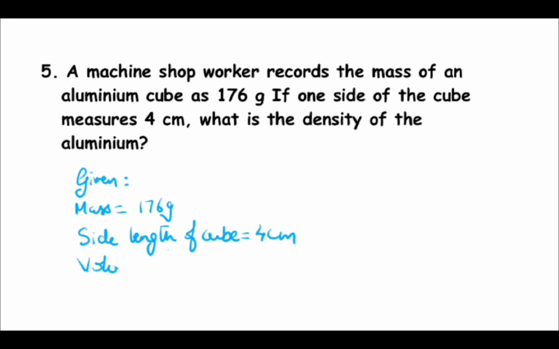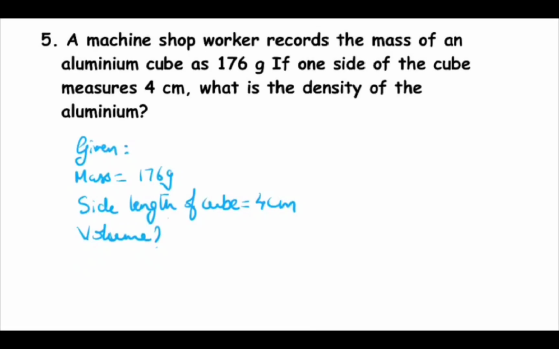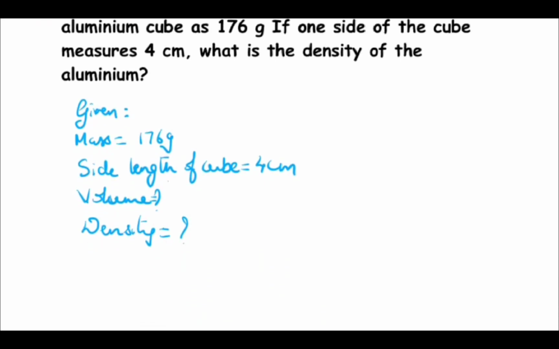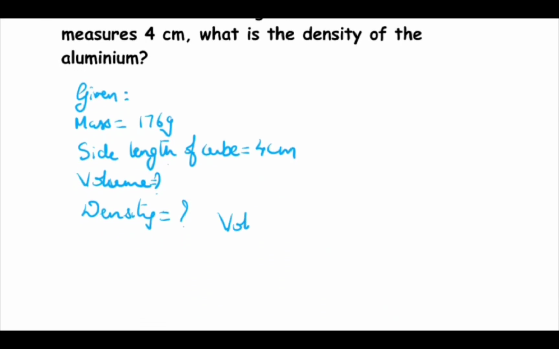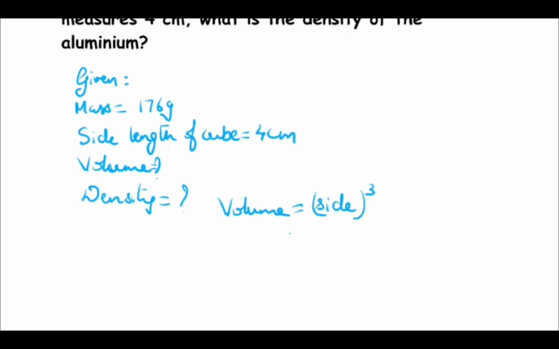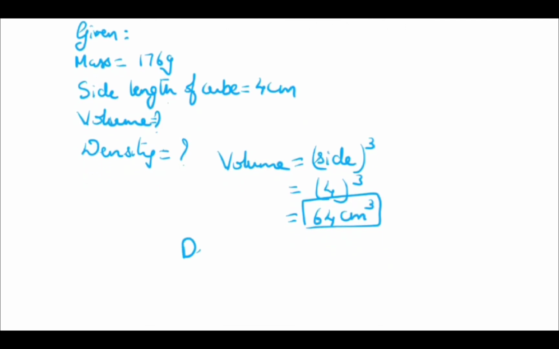We need to find out the density. Before finding out the density, I need to find out the volume. What is the formula to find out the volume of a cube? It is side cube, which is equal to 4 cube, which is equal to 64. 4 4s are 16, 16 4s are 64 centimeter cube.